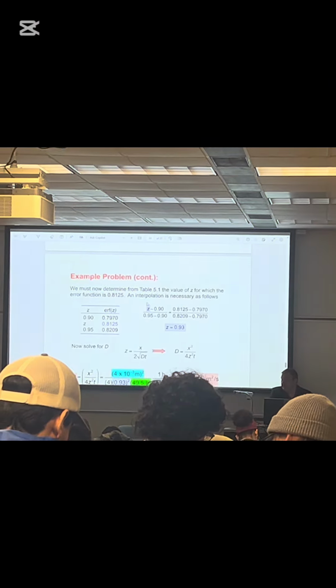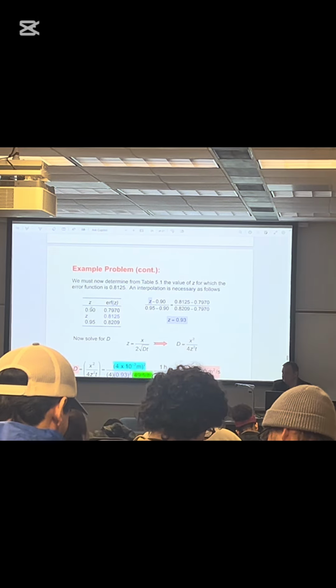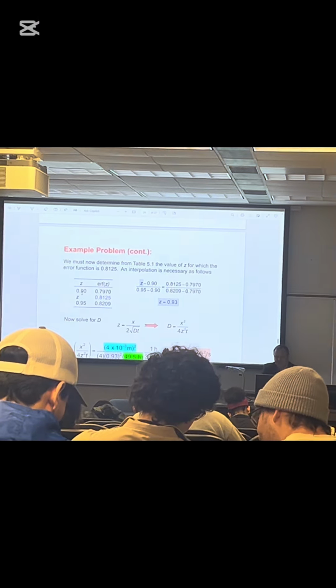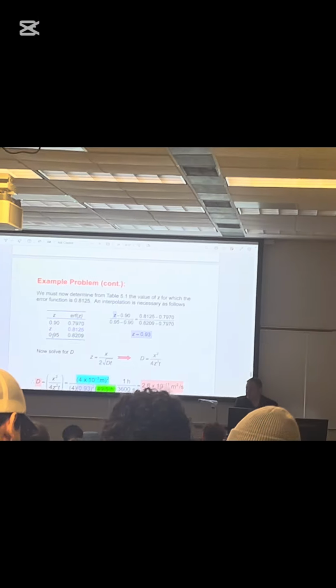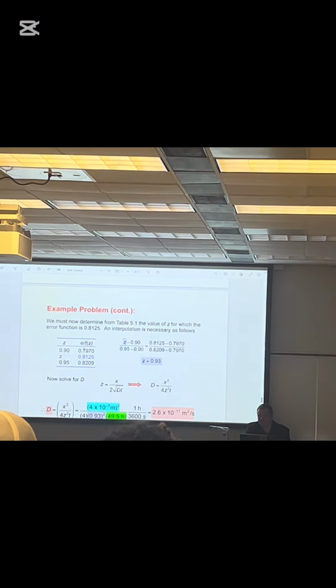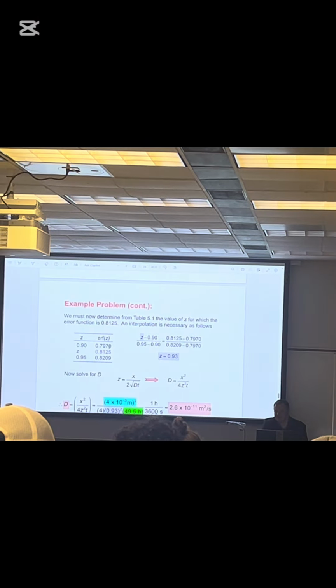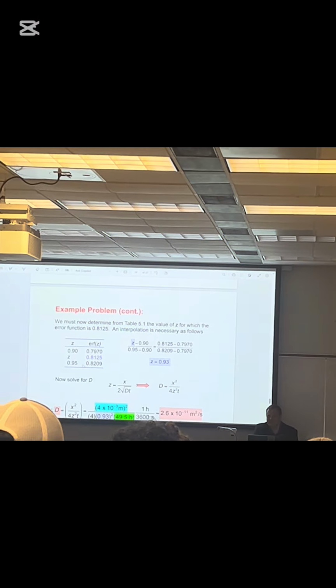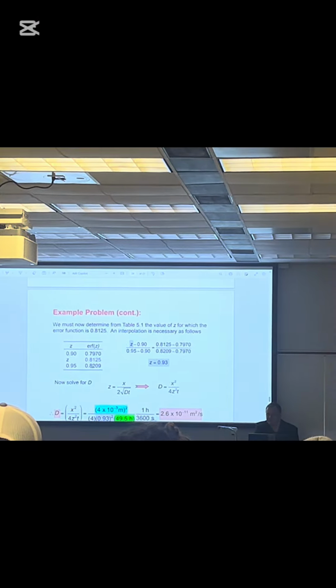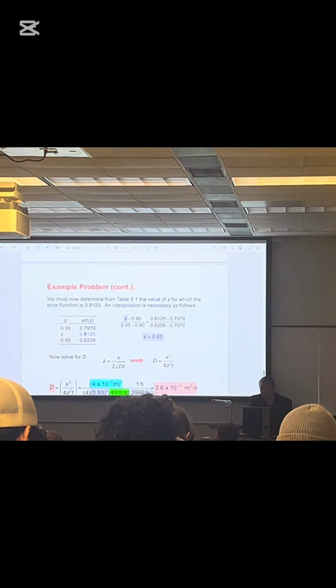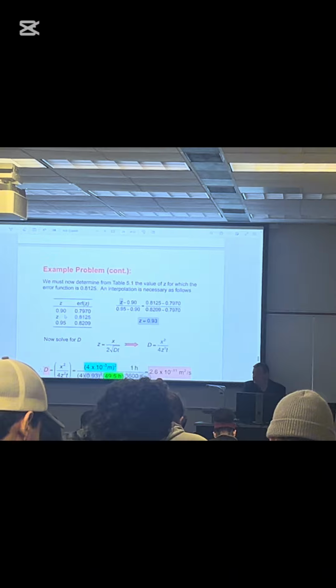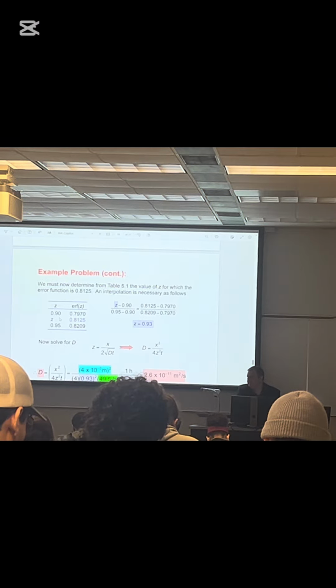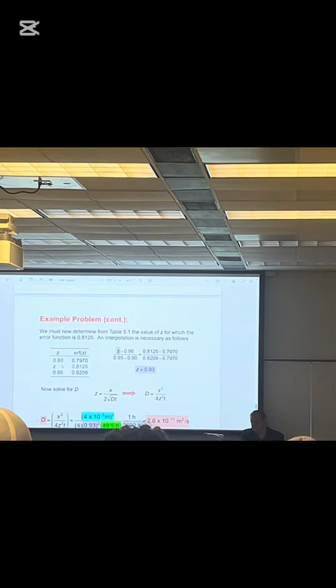Well, how do we do that? This is the table. So z is 0.9, it goes to 0.95, and the error function is 0.797 for 0.9, and it is 0.8209 for 0.95. We don't have the value of 0.8125. What do we do? We extrapolate.